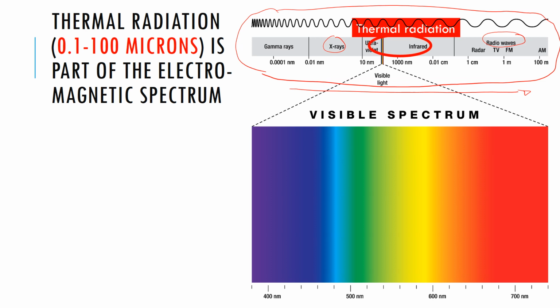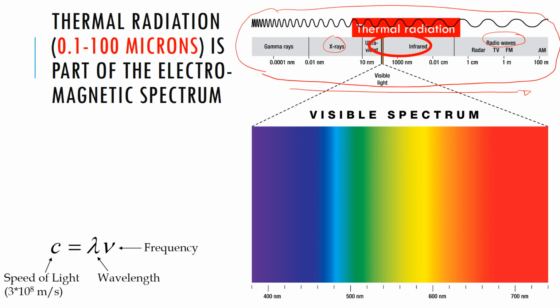All the electromagnetic waves travel with the speed of light. Their wavelength and frequency are related by this equation. Again, to emphasize, thermal radiation includes the visible spectrum.